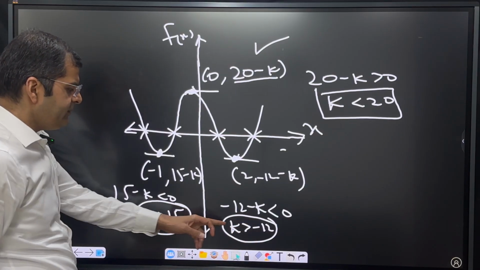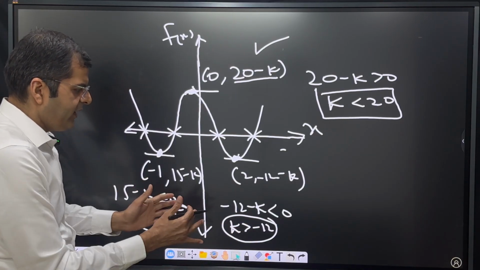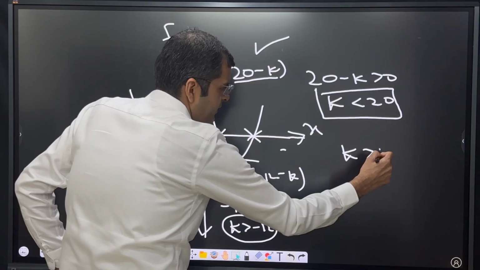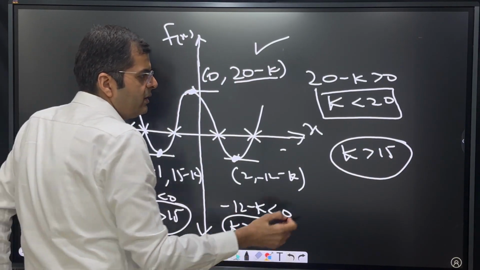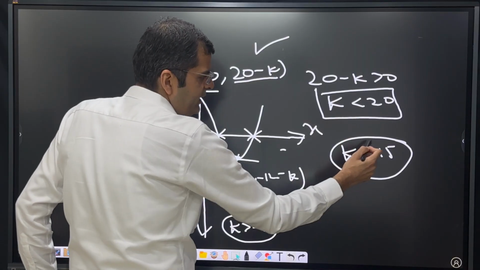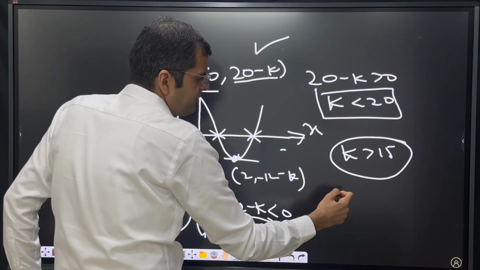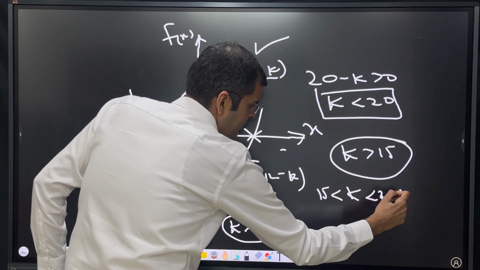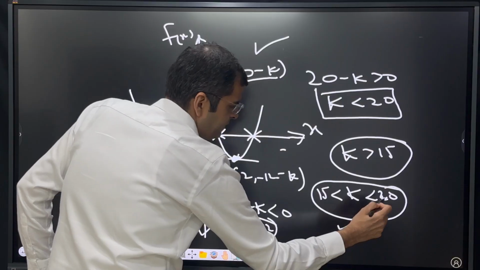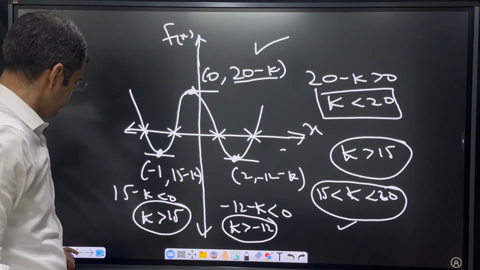So if k is greater than minus 12 and k is greater than 15, if we combine them, k is greater than 15. Because if it is greater than 15, then automatically it is greater than minus 12. Now I have two conditions, k is less than 20 and k is greater than 15. That means k lies between 15 and 20, and that is the right answer.